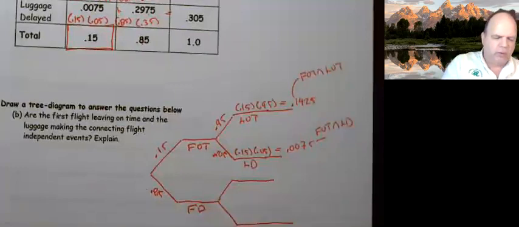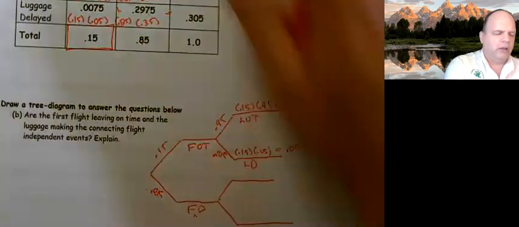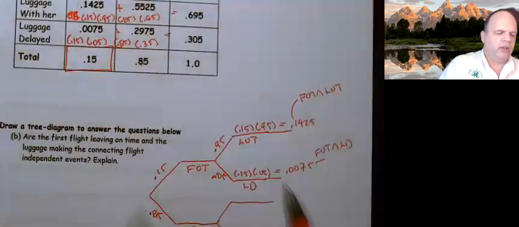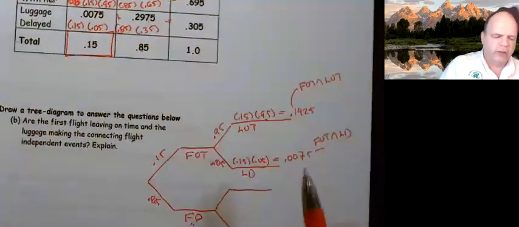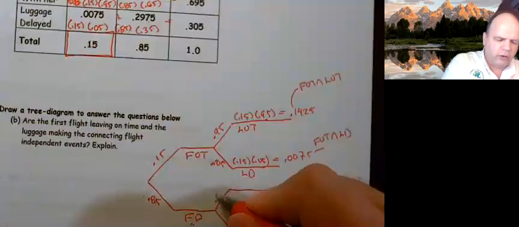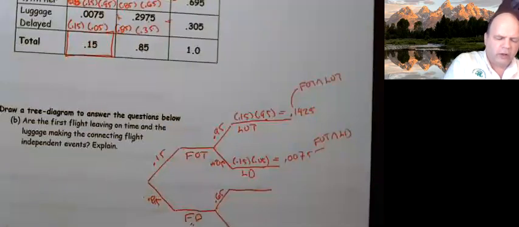All right, so the next one, we have an 85% chance that the flight is delayed, and we need to look at the luggage. Well, it said if it's delayed, there's a 65% chance the luggage is on time. So we're back to luggage on time.